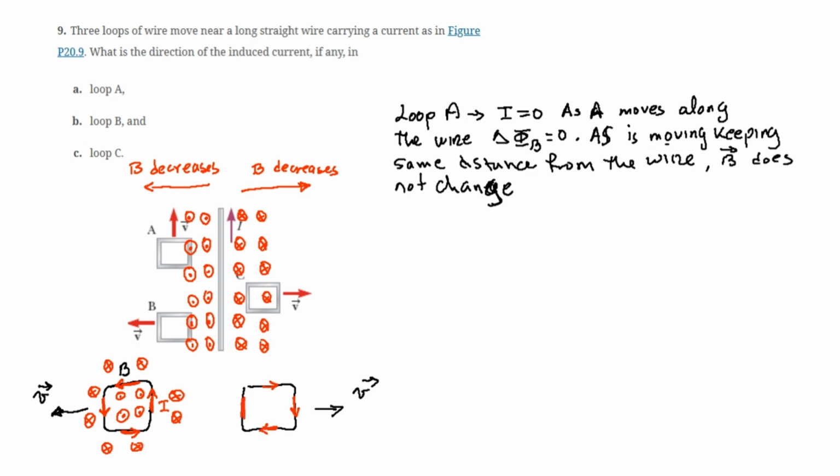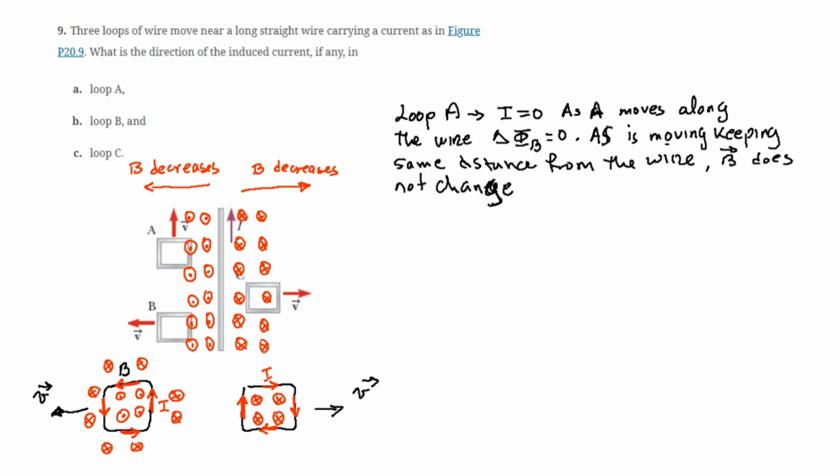It will be clockwise. Because when the current is clockwise, now it will enter the plane here in the inner part of the loop. So basically, it's going to have the same direction as the magnetic field due to I, which is decreasing. So that reinforces that magnetic field. So it opposes the decrease of the magnetic field due to the straight current carrying wire.